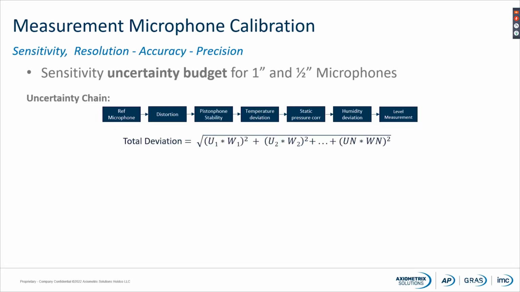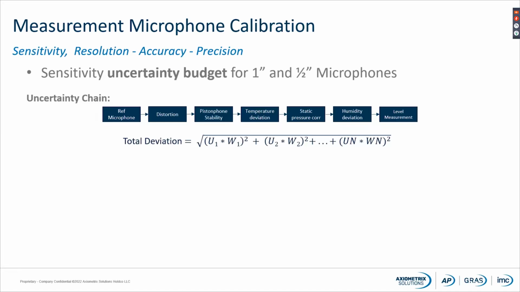All these uncertainties are added into a formula. So we take the first uncertainty, multiply it by a weighting factor, and then take the square of that, and then we add the next one until we have all the uncertainties.